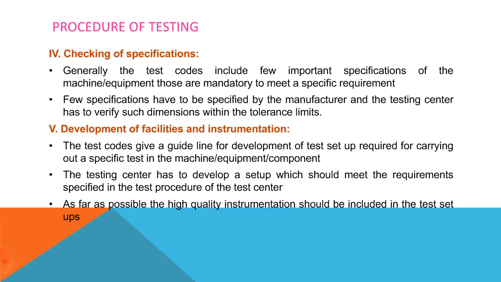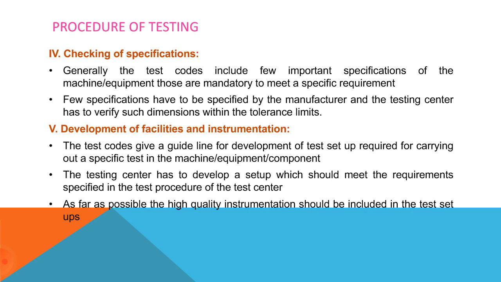Next is the checking of the specifications. Generally, for the test code, the manufacturer will also give a specification with some tolerance limit. For example, if the length of the tractor is 2 meter, it may vary plus or minus 2 centimeter, so 1.8 may be there and 2.2 may be there. Some variation happens during manufacture, so there is always a tolerance limit provided by the manufacturer.